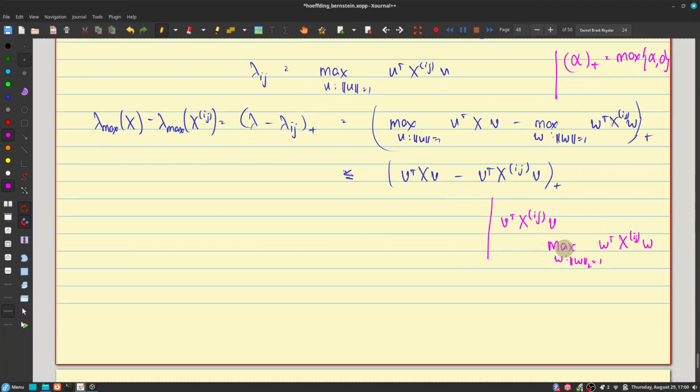V is some unit norm vector. You fix any arbitrary unit norm vector you want. Can I say that this is less than or equal to this?